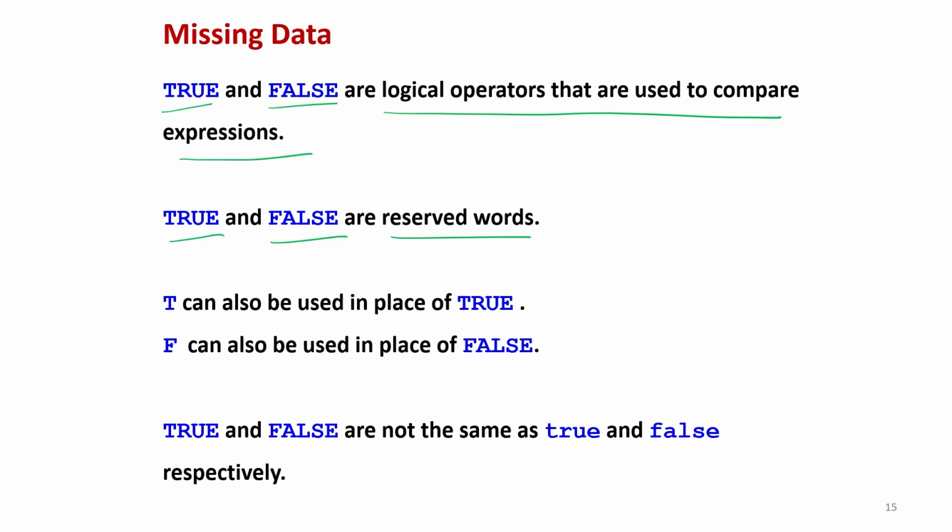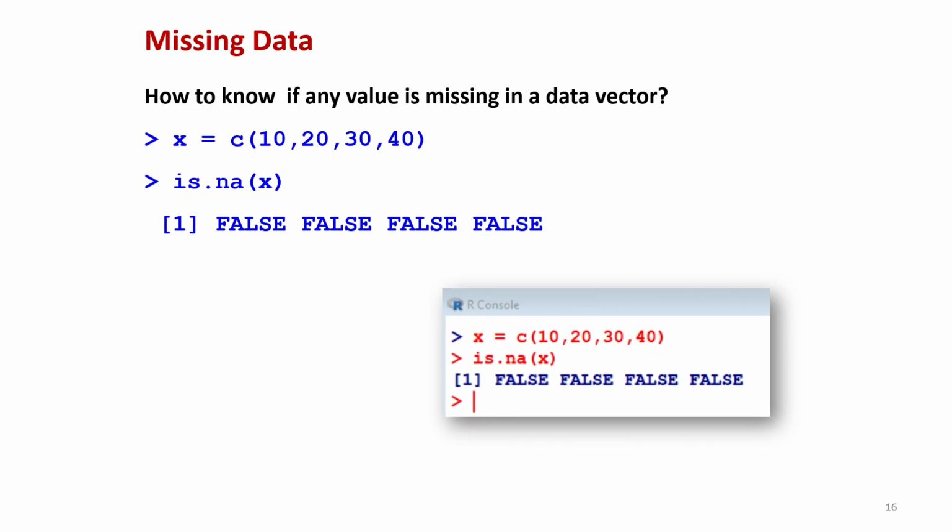Sometimes you can also use the first letter in place of the whole word: you can use capital T in place of TRUE, and capital F in place of FALSE. And remember one thing: TRUE and FALSE are always written in uppercase and they are case sensitive. If any of the letters in TRUE or FALSE is in lowercase, this will not work. It will be something different. So this is what you have to keep in mind.